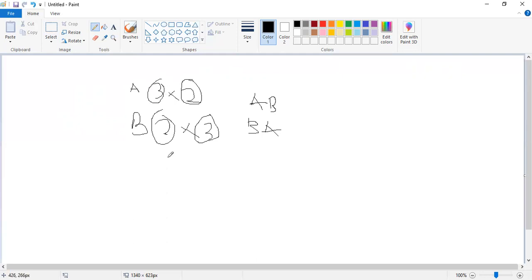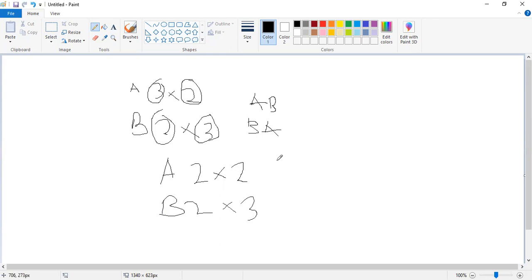So let's say that A is a 2 by 2 matrix, and then B is a 2 by 3 matrix.